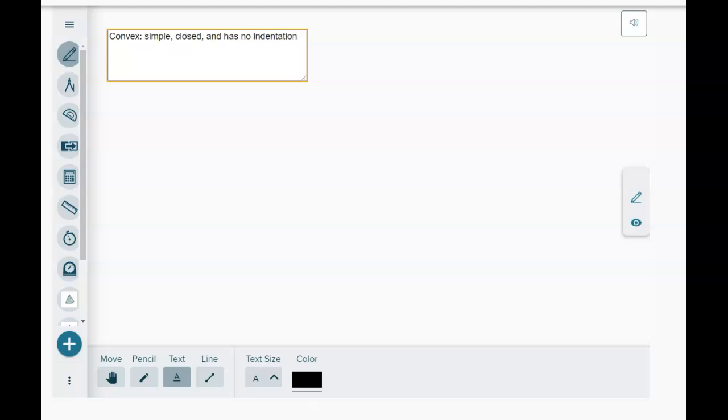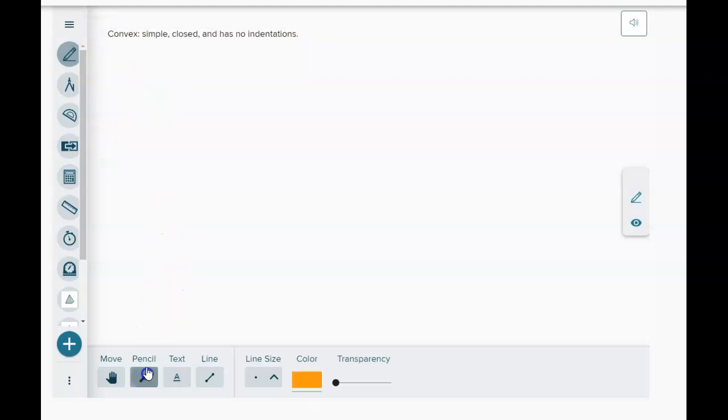So what I mean by convex would be, now it could be a curve or it could be a polygon, but a convex has no indentations. So it could even be something like this. So it's simple, it does not cross itself, it is closed, and it does not indent.